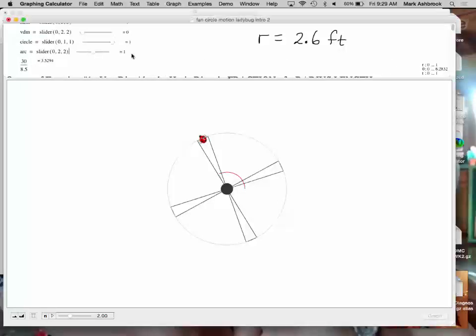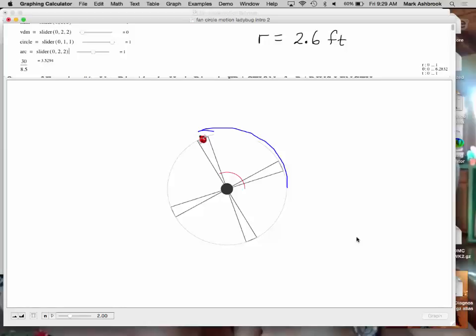So that's two radius lengths right there, because it's 2.6 times 2. That's an angle measure of 2 radians, an openness of 2 radians.